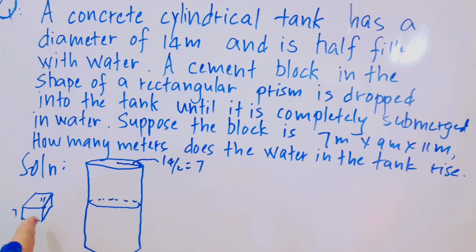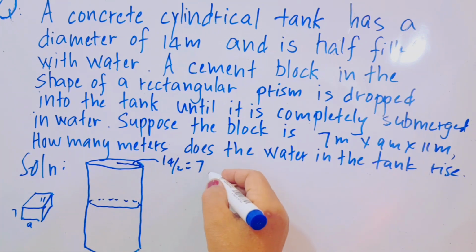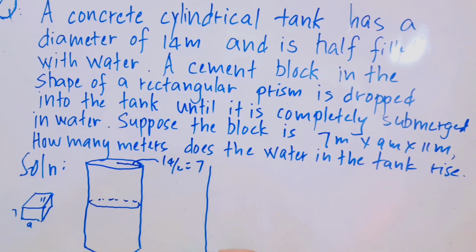Now if this rectangular block is dropped in the water, of course the water will rise from the original position, going to, for example, this side.